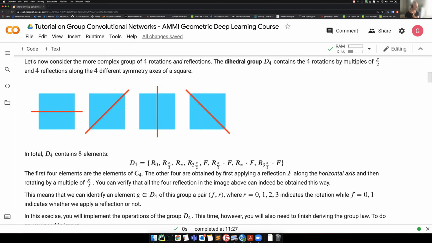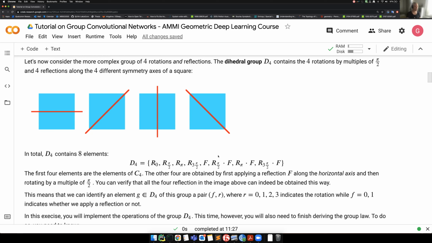And you can actually check yourself, and I invite you to try by hand, that if you do a reflection always along the horizontal axis, and then you apply 1 rotation, so either pi alpha, pi, or 3 times pi alpha, you're just going to obtain something that looks like a reflection along these other 3 axes.